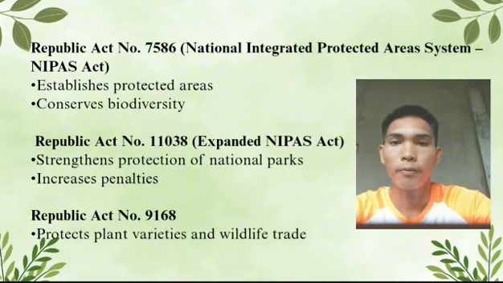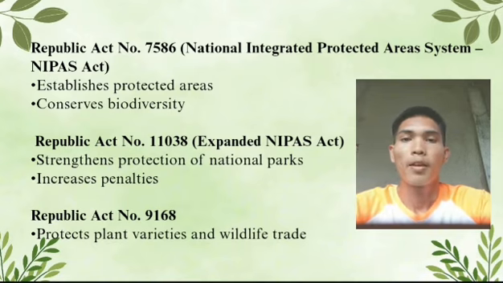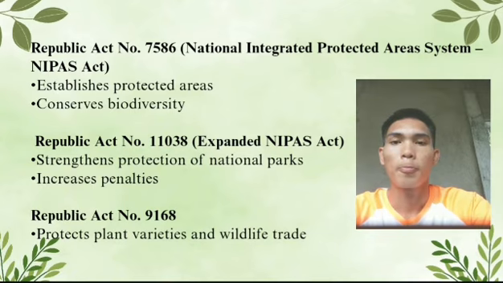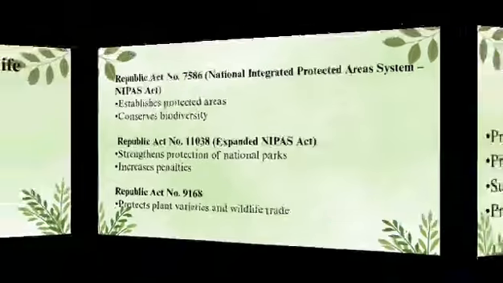The fourth one is Republic Act Number 11038, the Expanded NIPAS Act. It strengthens protection of national parks and increases penalties. And the last one is Republic Act Number 9168, which protects plant varieties and regulates wildlife trade.